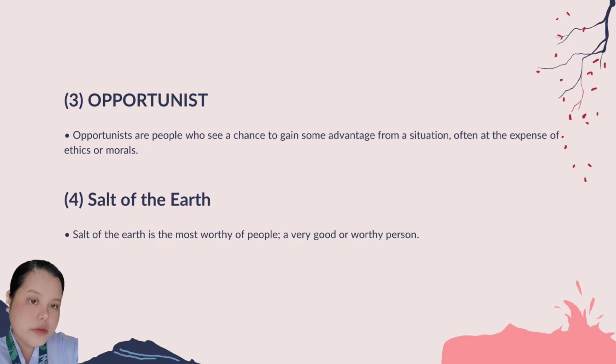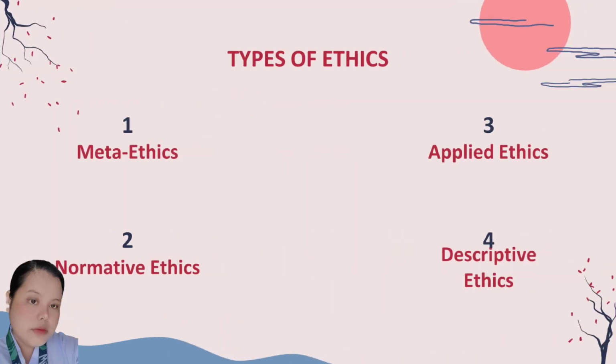The next is types of ethics. The first type of ethics is meta-ethics. It is a branch of ethics that seeks to understand the nature of ethical properties, statements, attitudes, and judgments. Meta-ethical questions are abstract and relate to a wide range of more specific ethical questions.